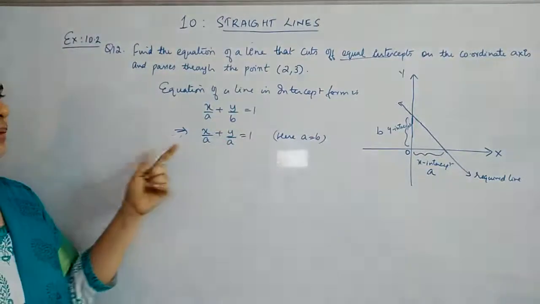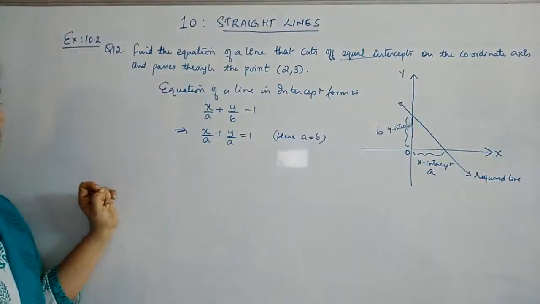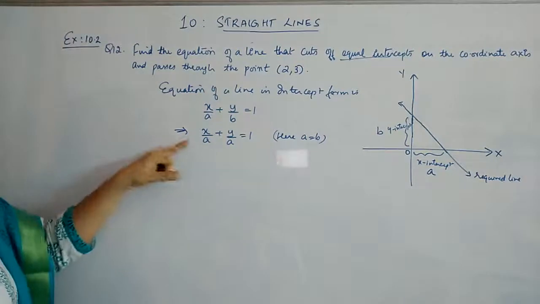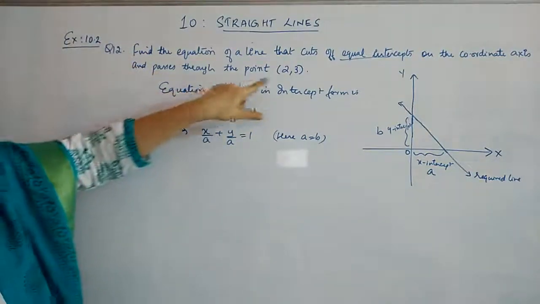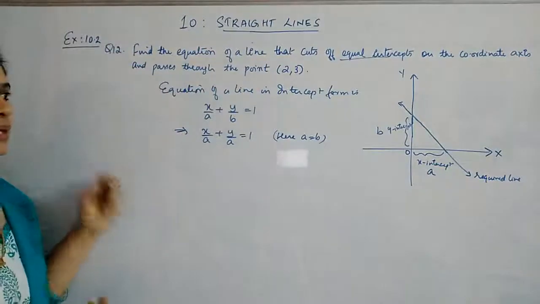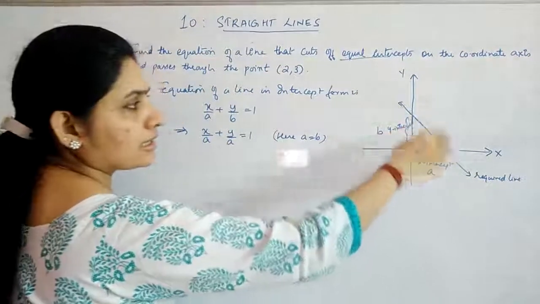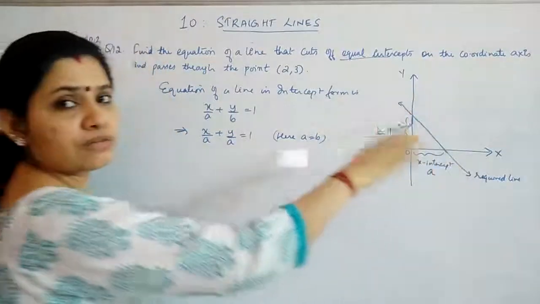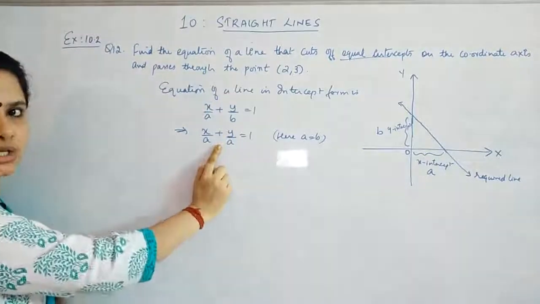Now our purpose is to find out the value of a, so that you will get the equation of the required line. For that, one more thing is given: the line passes through the point 2, 3. What do you mean by that? That point can lie anywhere on the line, which means that point will satisfy the equation of the line.